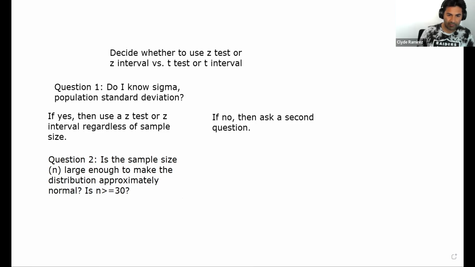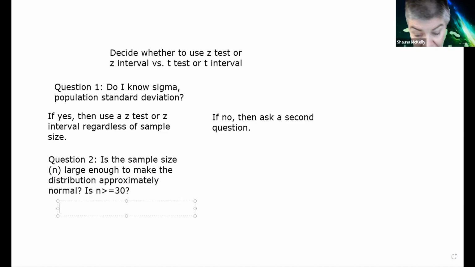So is the sample size large enough to make the distribution approximately normal? Is N greater than 30? If yes, which in our case, we have a no and we have a yes, right?